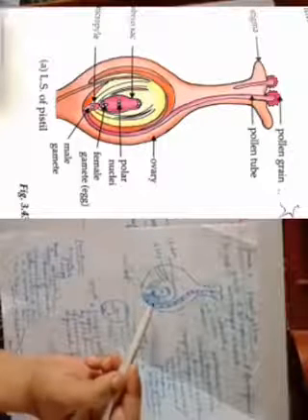Now what is the role of this endosperm? Endosperm gives the early nourishment of the embryo. Once the zygote is formed, the zygote divides and forms the embryo, and the embryo is nourished by the endosperm. Endosperm is always triploid, we have to remember this.